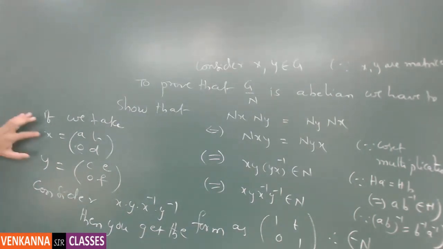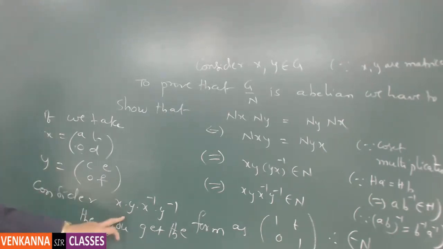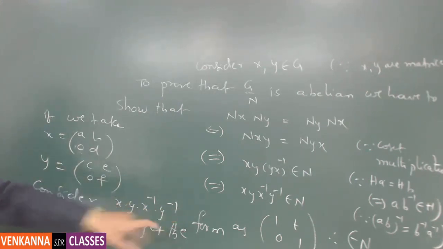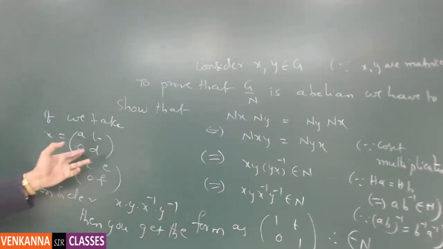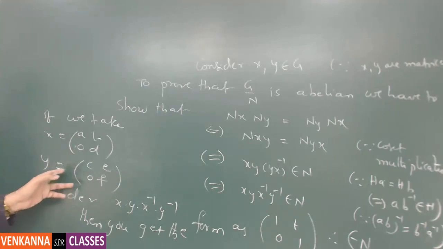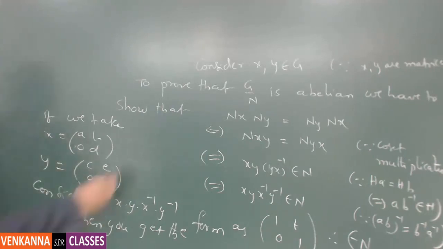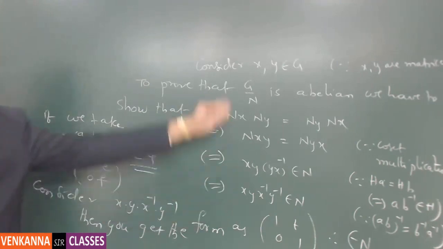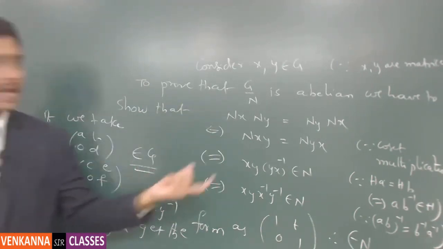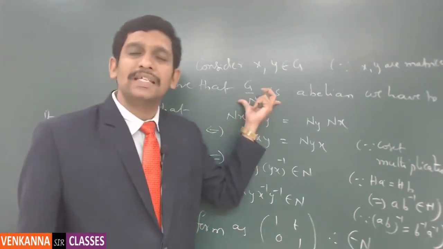If you take the values x and y here, and consider x, y, x inverse, y inverse, the product of the four matrices will become [1, t; 0, 1]. You take x as a matrix of this form and y as a matrix of this form, which belong to G. So as per this illustration, you have to prove that G by N is abelian.